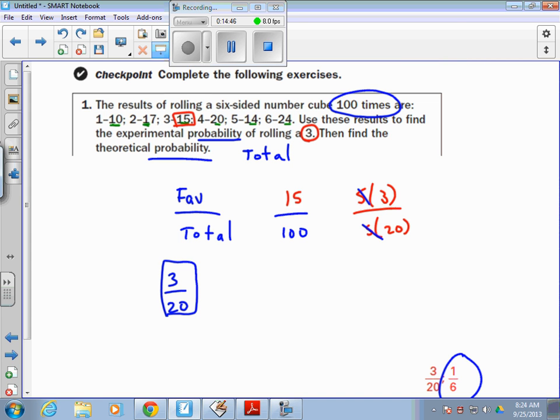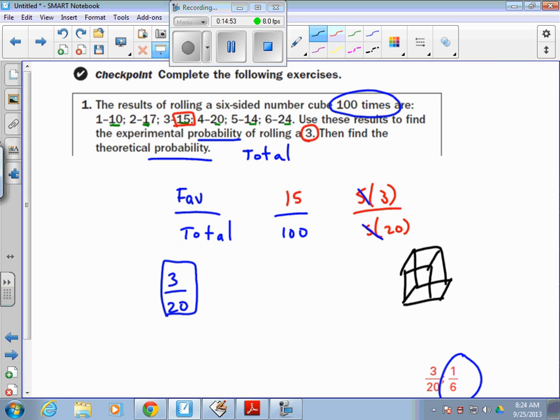On a 6-sided number cube, that's just what most of us call a regular die, everybody. It's got 6 sides on it. They come up an even amount. 1, 2, 3, 4, 5, and 6. So the theoretical probability, again, is what should it be? They should come up an even amount of times.